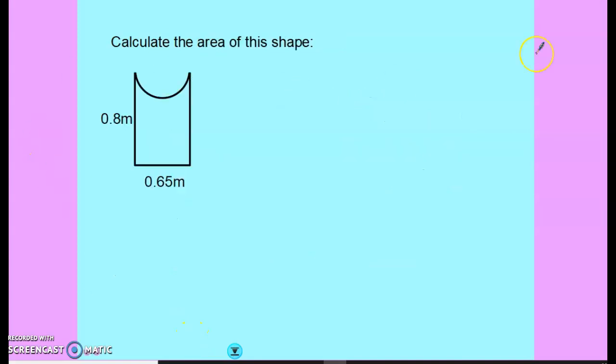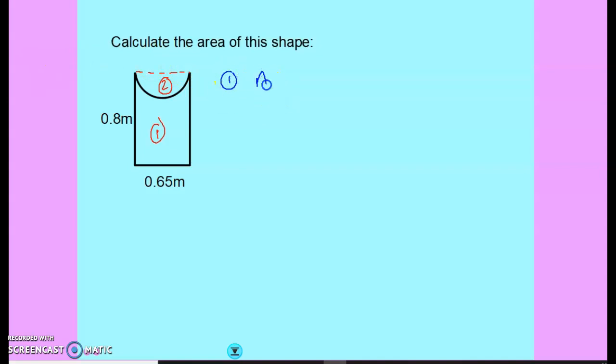Okay. Similar shape, let's see if we can calculate the area of the shape this time. This time, my full rectangle, my area, goes up to this line here. So this time it's like a rectangle with the semicircle cut out. I can still split it into my two different shapes, and most of the calculations are the exact same.